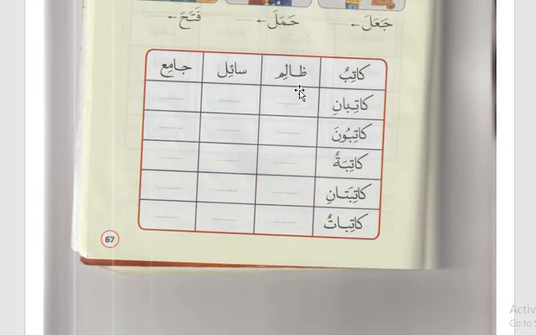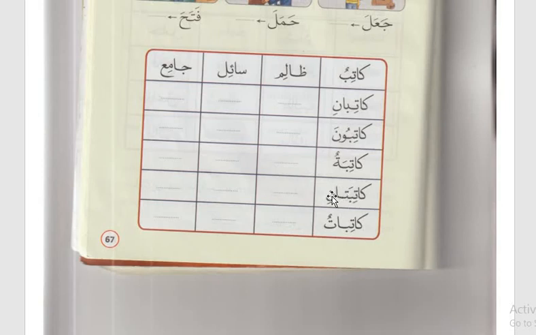So, ظالم, how do I make it the same as this one? Katibani, which is dual, masculine. ظالم, ظالمان. Now, here, katibuna, we have plural masculine. So, ظالم becomes ظالمون. Here, katibatun, single feminine, it becomes ظالمة. Now, katibatani, this is dual feminine.